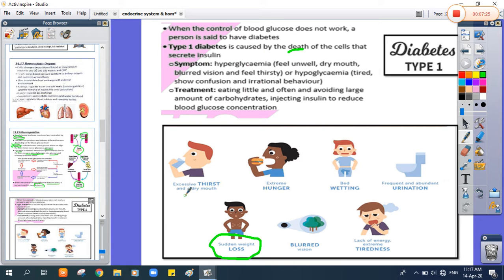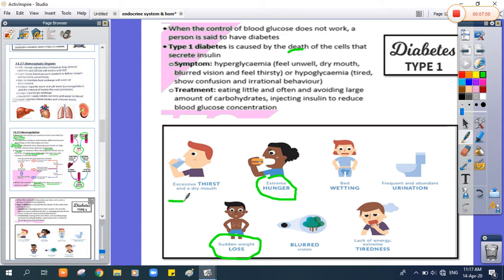Also, you will feel extreme hunger, and you eat and eat and eat, and your body cannot let the glucose enter the cells and let the cells get their benefit from it.